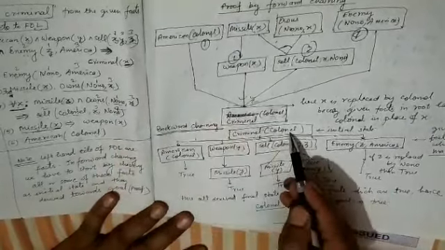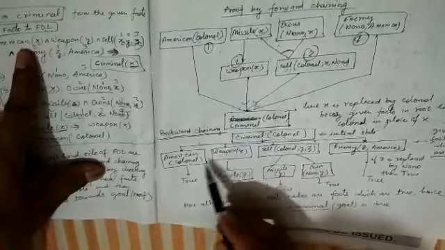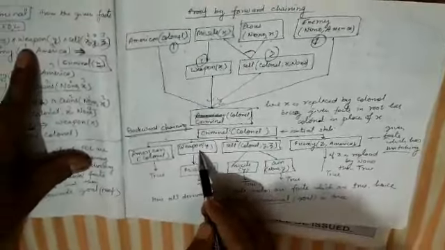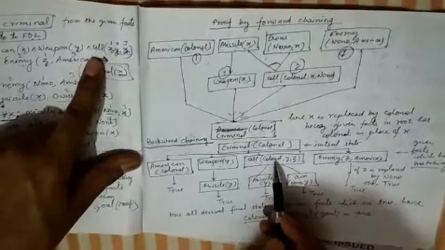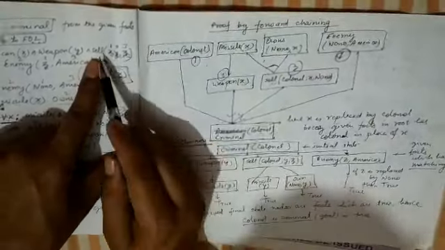What are the facts given? The first fact is American X. Since in place of X the Colonel is written, we will write Colonel here. The second fact is weapon Y, so no change, weapon Y. The third is sell X, Y, Z. Since we have used Colonel in place of X, here in sell we will use Colonel, Y, Z. And the last fact is enemy Z, America.